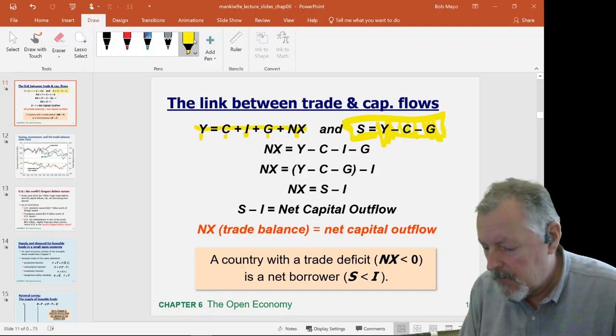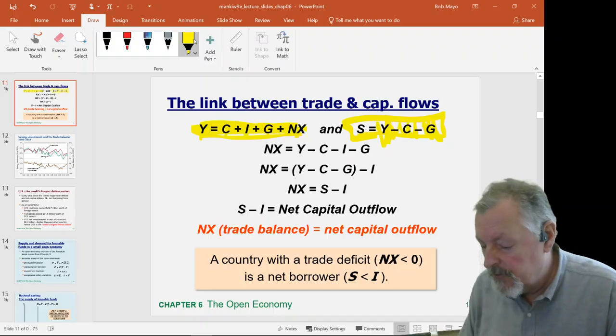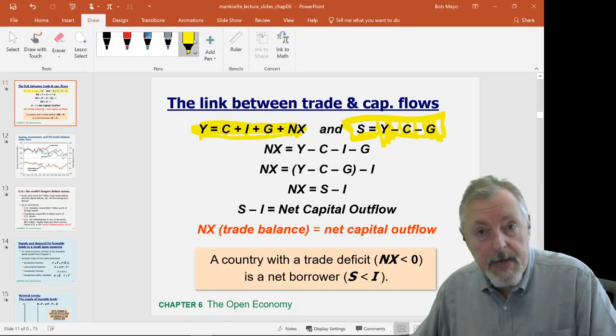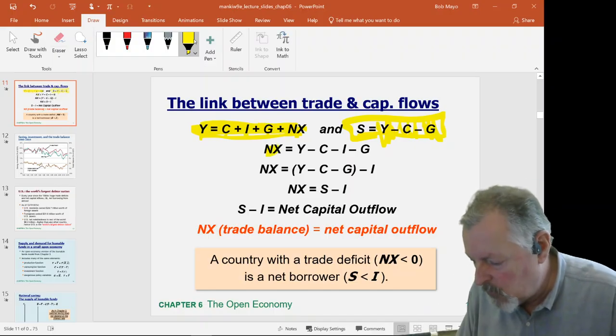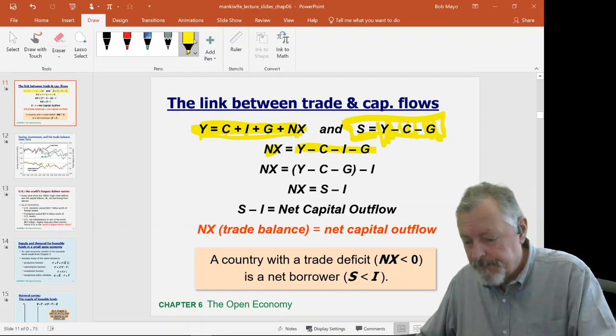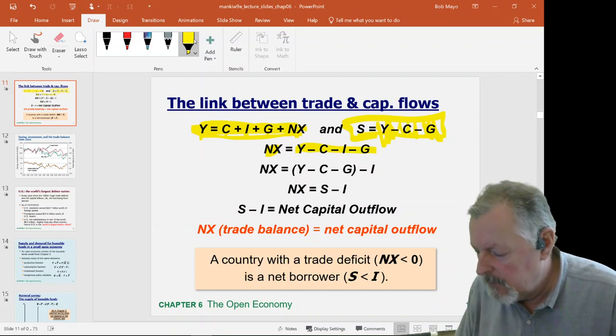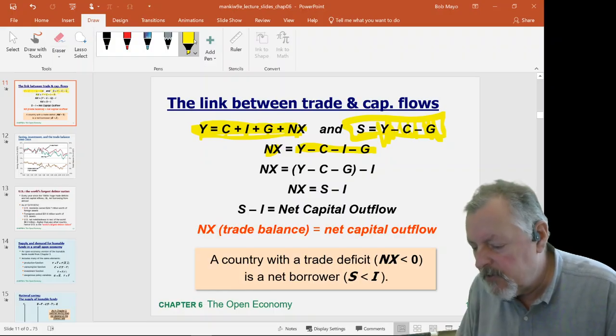You take this equation on the left, and you just solve for NX. NX equals this. Now, you can rearrange these terms.